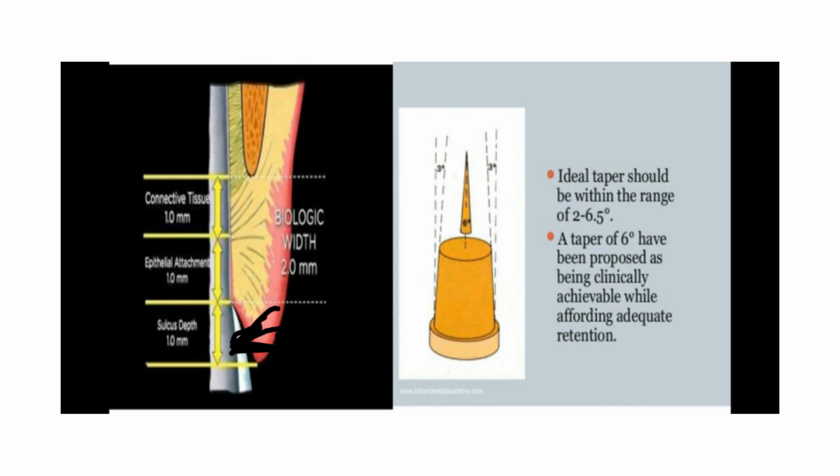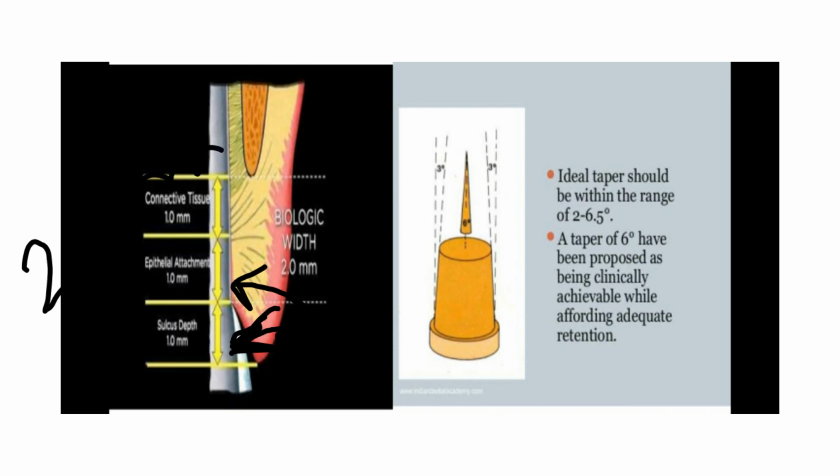But we cannot place it here, because if biological width is less than 2 mm, it will have a great impact on our periodontal health. So we have to maintain biological width of minimum 2 mm when we are placing our margin. Remember this is very important. Biological width is 2 mm.